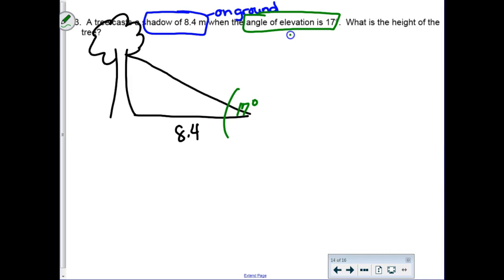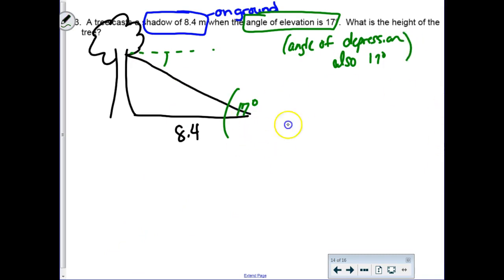The angle of depression is also 17 degrees, but it's outside of the triangle. It's right here. So because of alternate interior angles, anytime they say angle of depression or angle of elevation, I want you to just automatically put that angle down in this bottom part of the triangle, because typically these application questions are set up like this.